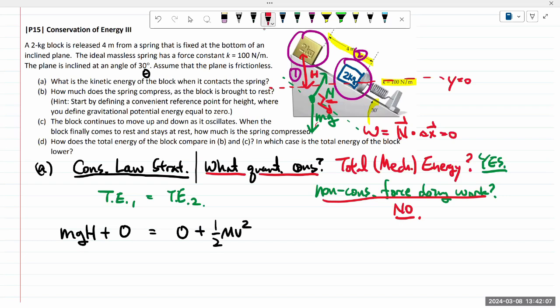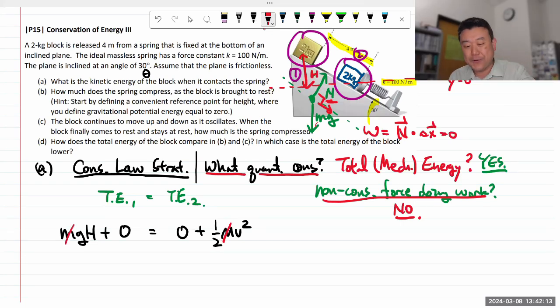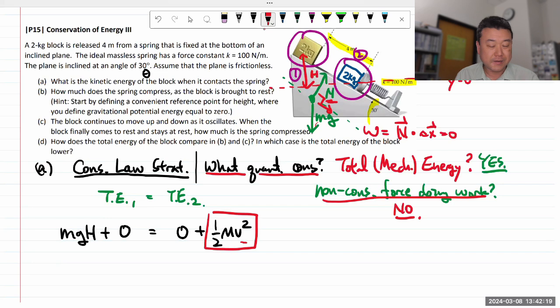Good. So I think the masses cancel. It's the same mass. They cancel. And, oh wait, I don't want to cancel it because I'm not solving for v. They're actually just asking for the kinetic energy. So I think it's already solved. The kinetic energy is equal to the left-hand side, mgh.